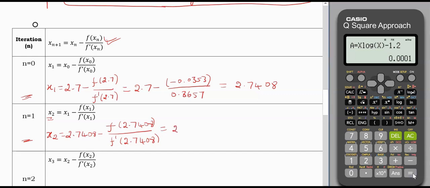So 2.7408 minus the f of x value 0.0001 divided by, again if we press equal, then we will get f dash of 2.7408 value, so 0.8722. Again if we press equal, then we will get the whole value, that is x2 value 2.7406.